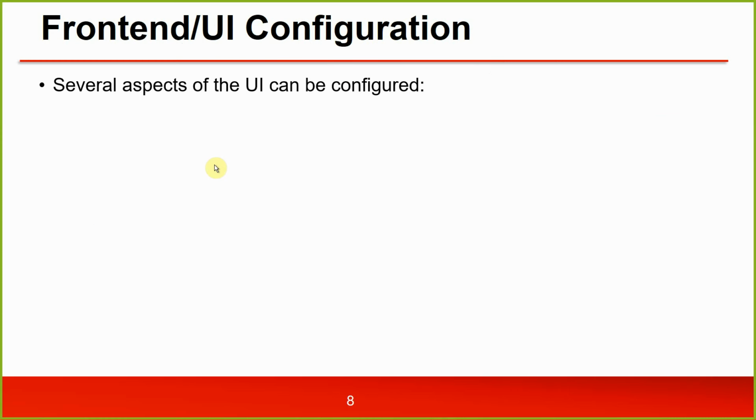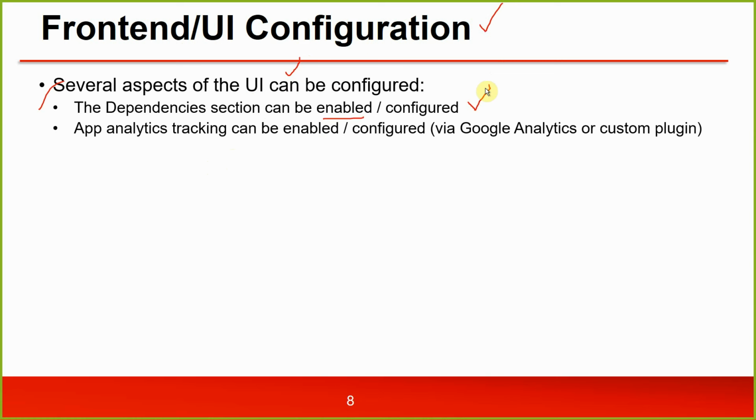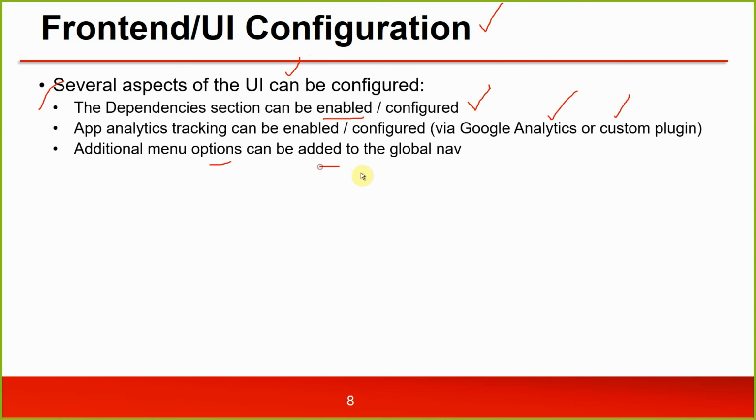There are several aspects: front-end configuration and UI configuration, where the UI can be configured. The dependencies section can be enabled or configured. App analytics tracking can be enabled or configured via Google Analytics or a custom plugin. Additional menu options can be added to the global navigation, and search input limits can be configured.